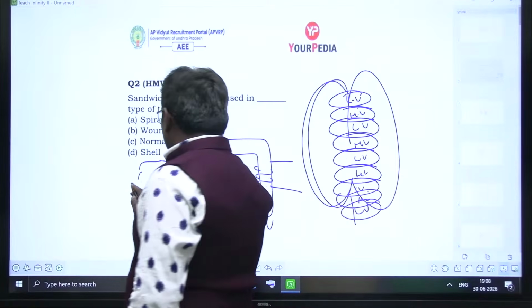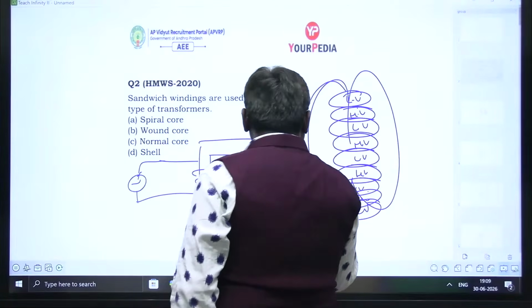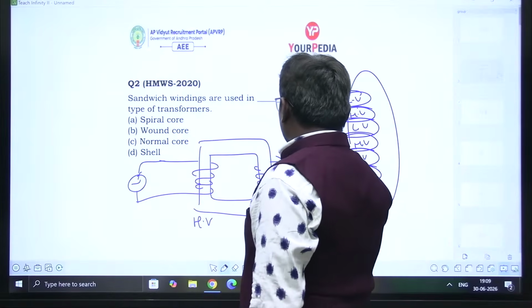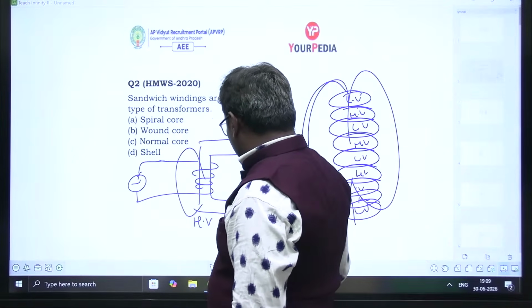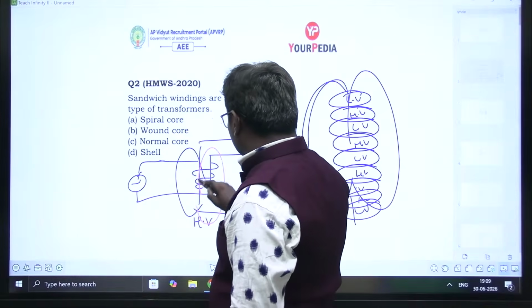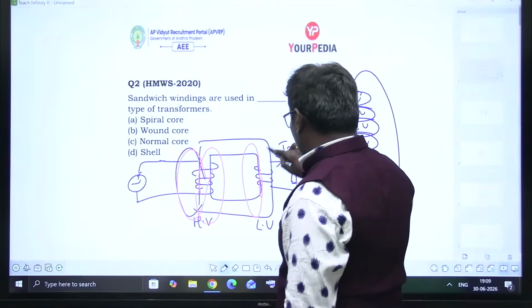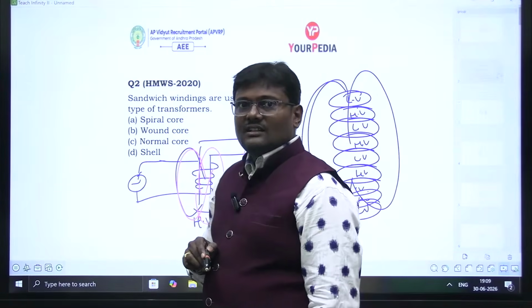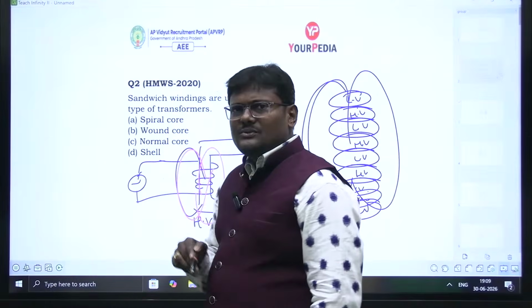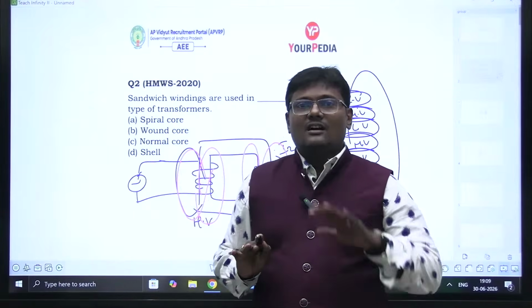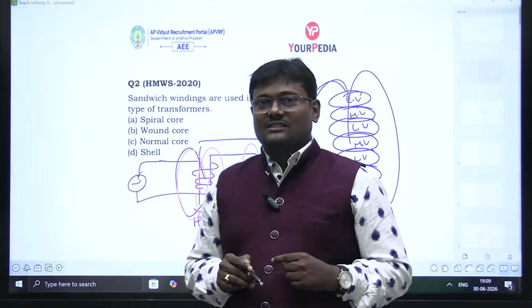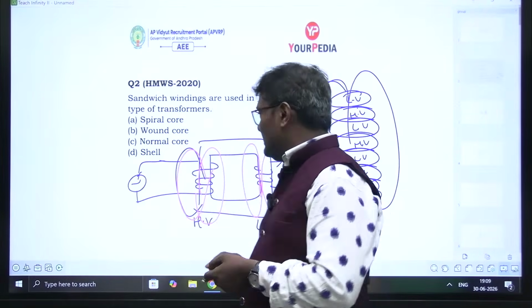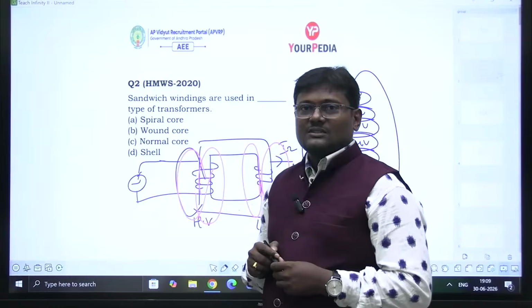Whenever we are giving a supply and the load is connected and the load current is flowing, some part of the flux passes through the air, or some part of the flux links either the primary winding or the secondary winding, but not both the windings, is called the leakage flux. That leakage flux is more in a core type of a transformer.